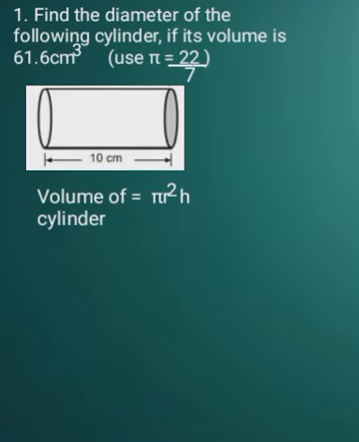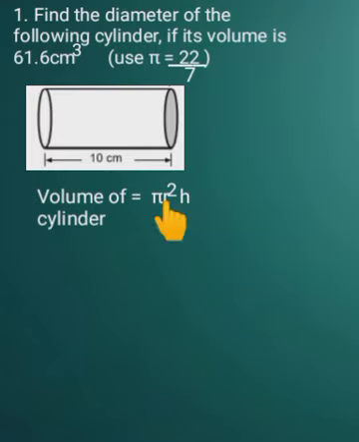So it means here you take the area of this circle, you multiply with the 10. The area of a circle is pi r squared, and this one you can call h. So here the volume of a cylinder is pi r squared h.